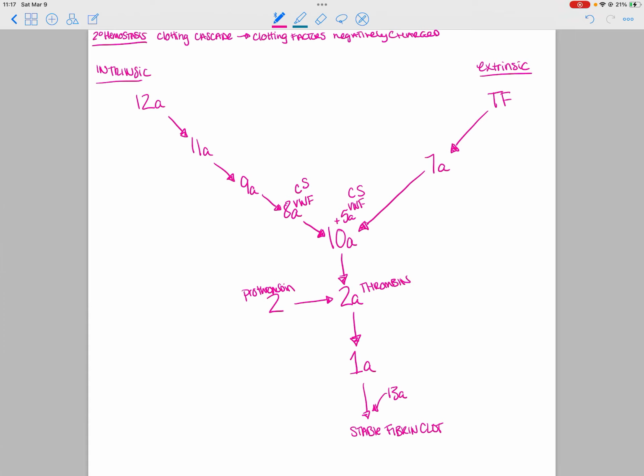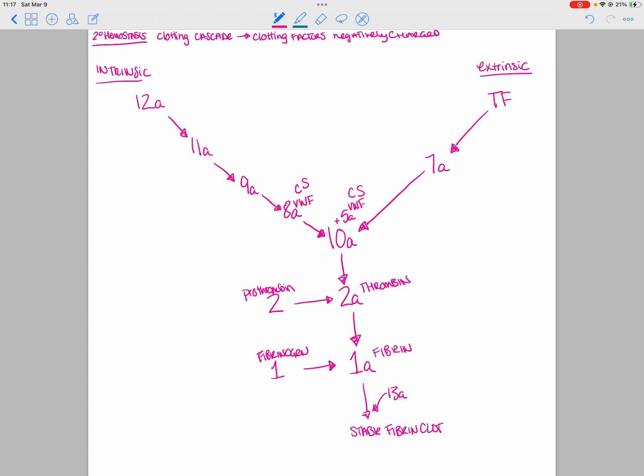So prothrombin is the inactive form of thrombin, and factor 1 is called fibrinogen, and factor 1A is called fibrin. Now, these terms are used interchangeably. Factor 1A can be referred to as fibrin. Just keep in mind that fibrin is factor 1A from your clotting cascade, okay?